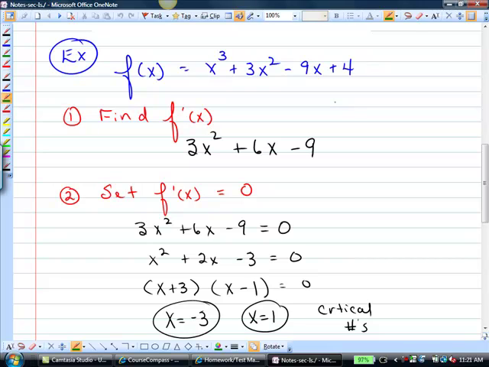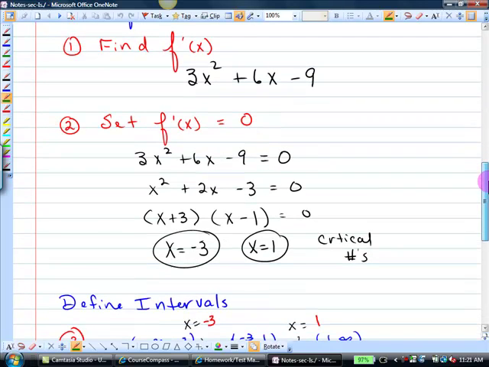Okay? First thing you do, find the derivative. So that's what I've done here. 3x squared plus 6x minus 9. Take the derivative and set it equal to 0. That's what I did in the next part. Sometimes you'll be able to factor it real easily. Sometimes it might take a little bit of work, but for the most part, it shouldn't be too difficult.